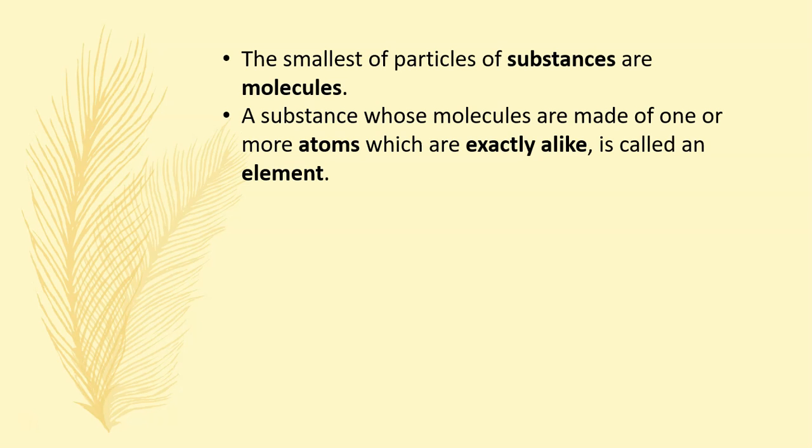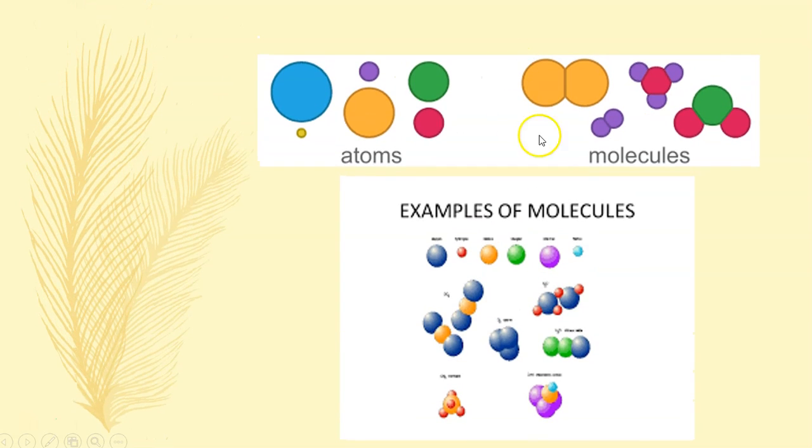Now pay extreme attention to each word in this particular sentence. It is of utmost importance. A substance whose molecules are made of one or more atoms which are exactly alike is called an element.